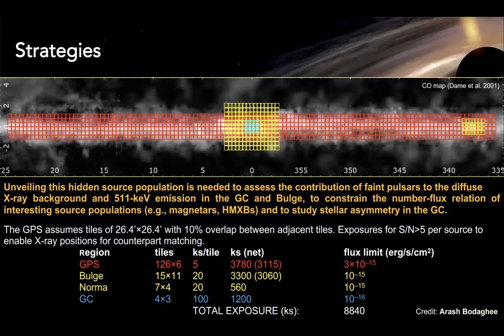The exact galactic plane survey strategy is still being actively discussed, but I will present two iterations of how such a survey will look. The first strategy focuses heavily on the 50 degrees in longitude near the galactic center.